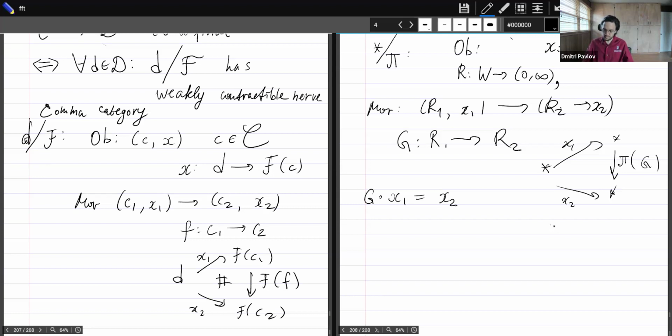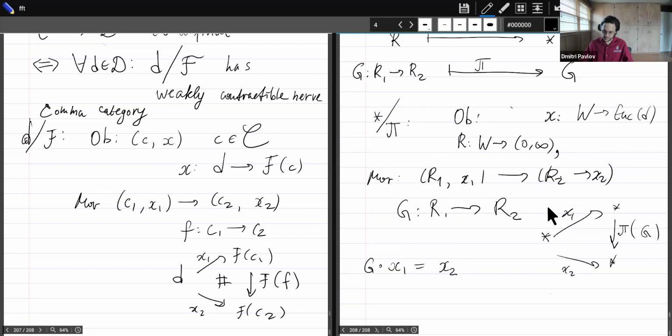Okay, so what is the geometric interpretation of the comma category? How can we see it more concretely? Well, the way I prefer to think about this is that an object (r, x), well, r is some radius which specifies an open ball, and x is an element of the Euclidean group, unrestricted.